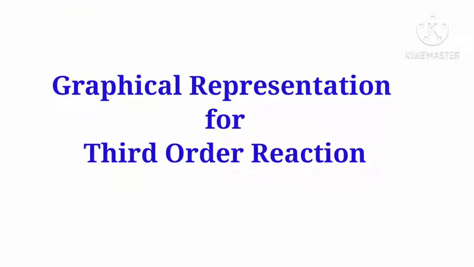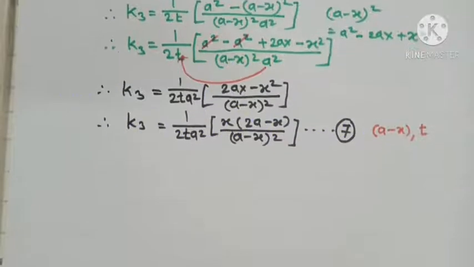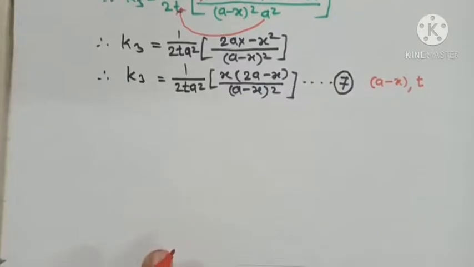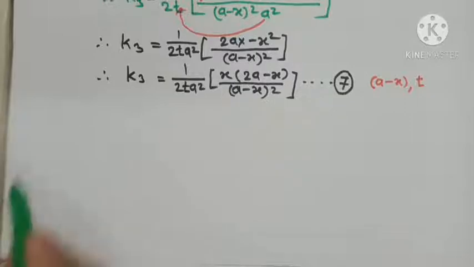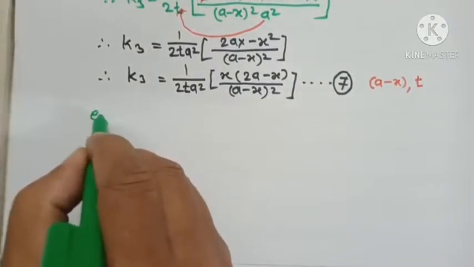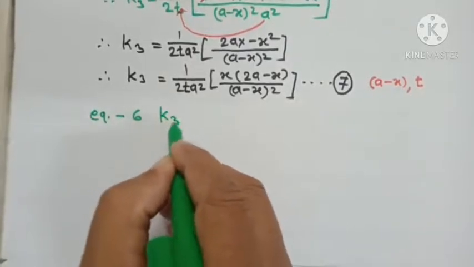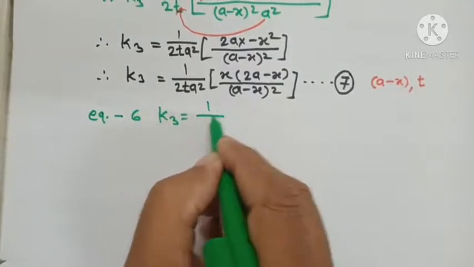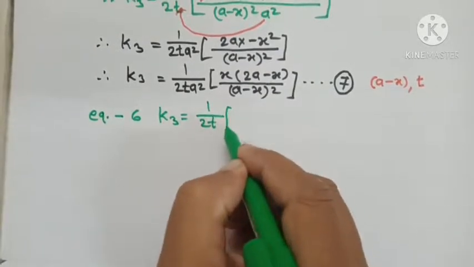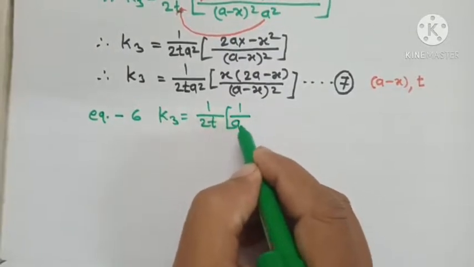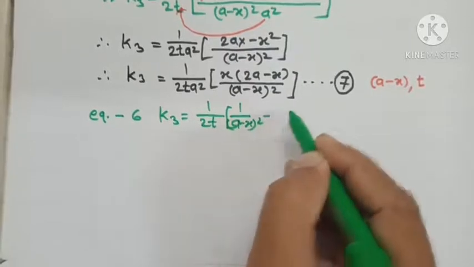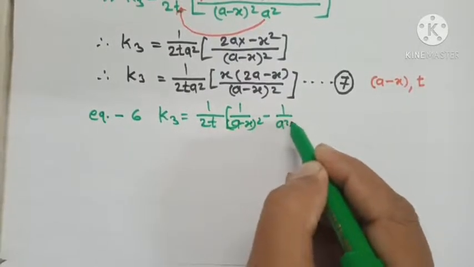Now we will see the graphical representation for third order reaction. We will consider now equation 6. In equation 6, K3 is equal to 1 upon twice t multiplied by 1 upon a minus x square minus 1 upon a square.